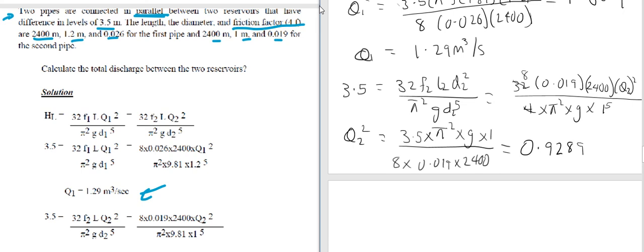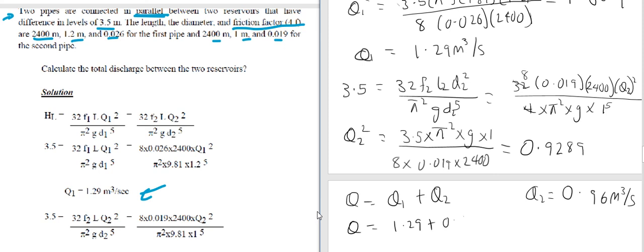Oh sorry, this is still the square, so Q2 will be equal to the square root of this, which is 0.96 meter cube per second. So total Q will be equal to Q1 plus Q2, 1.29 plus 0.96, which will be equal to 2.25 meter cube per second, and that is the solution to that question.